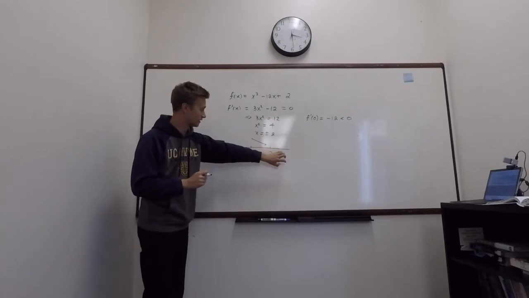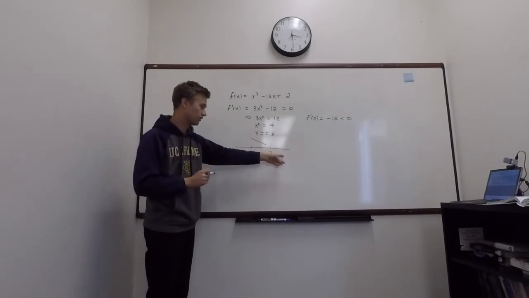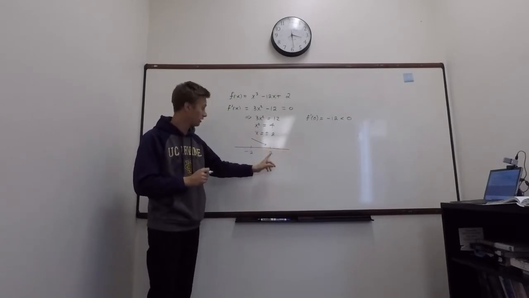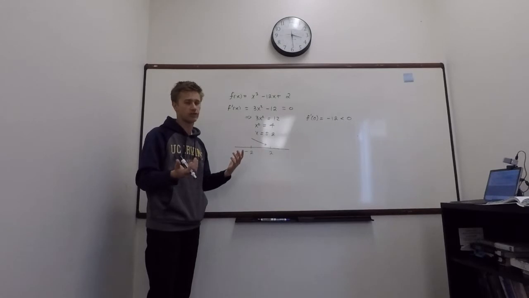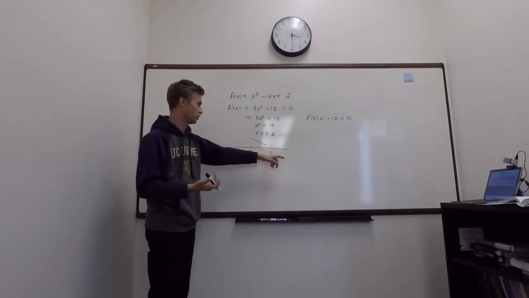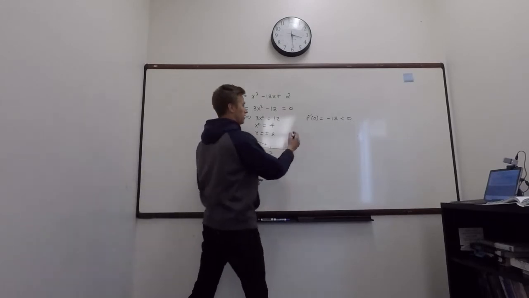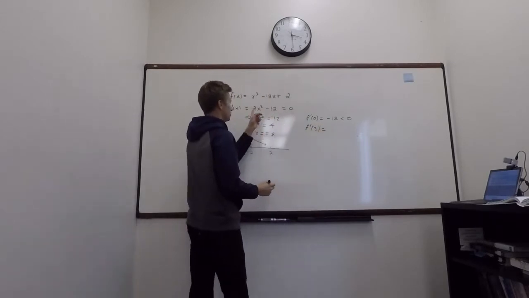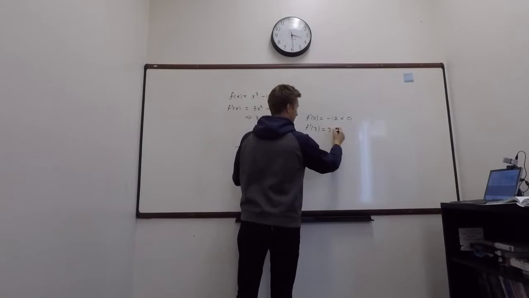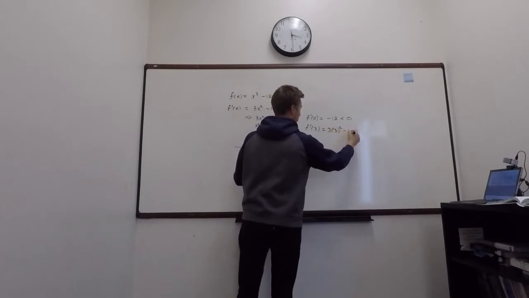Okay, so now let's check this interval. Choose a value somewhere over there. Don't choose 2. If you choose 2, then f prime is just going to be 0, so it won't give you any information. So let's choose, say, 3. F prime at 3 is equal to 3 times 3 squared minus 12.